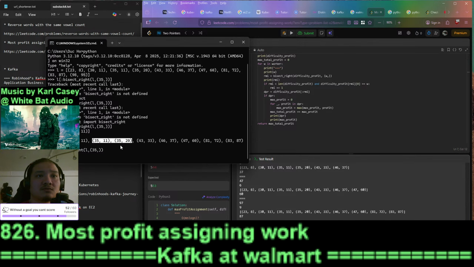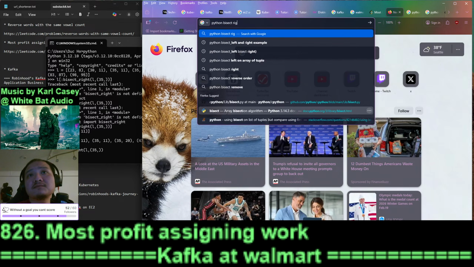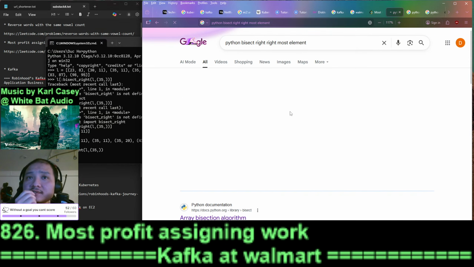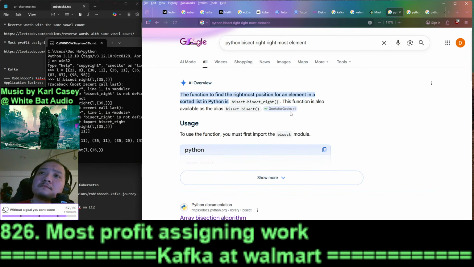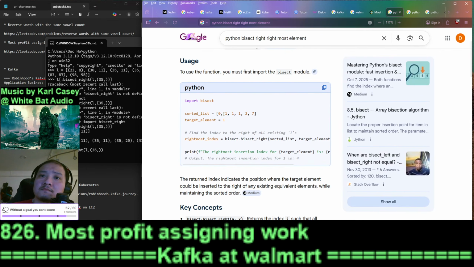Not at all. What? Okay. So Python bisect rightmost element, right? Is that how it is? 0, 1, 2, 3, right? 0, 1, 2, 3, 4, right? So which is the left of that?